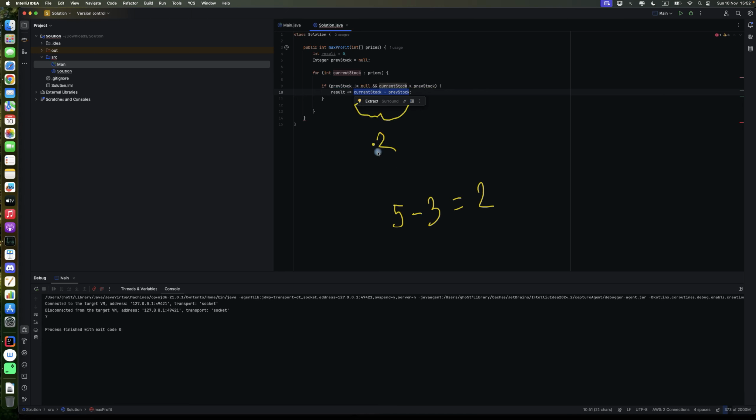So the result will be accumulated with this 2. It will be added to the result. And then we want the previous reference to point to the current stock. In the second iteration of the loop, this will be true because we will have the previous stock right now. And we will check again this condition. Okay?